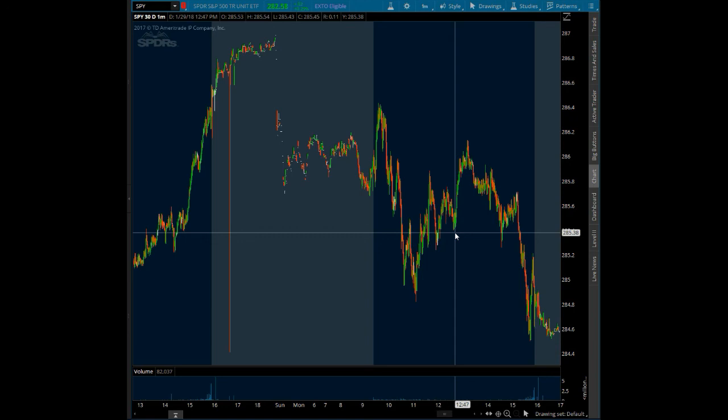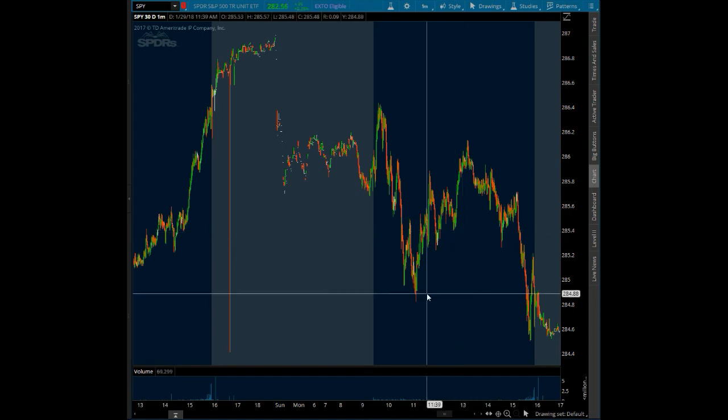If you have a high volatility market, you must treat your trades differently than when you have a low volatility market. If you're trading individual stocks, you might want to throw up an average true range as well, and then you'll know what the volatility is on an individual stock.